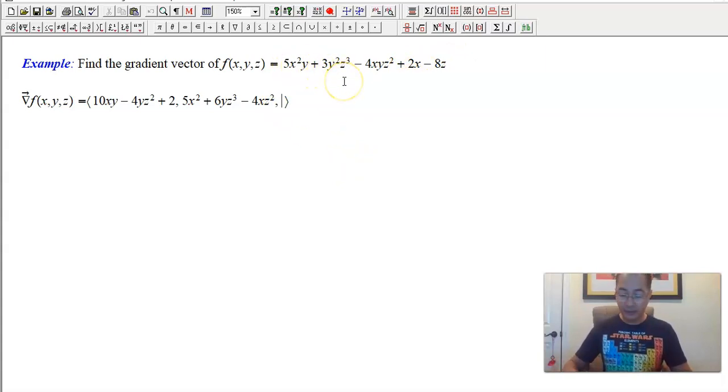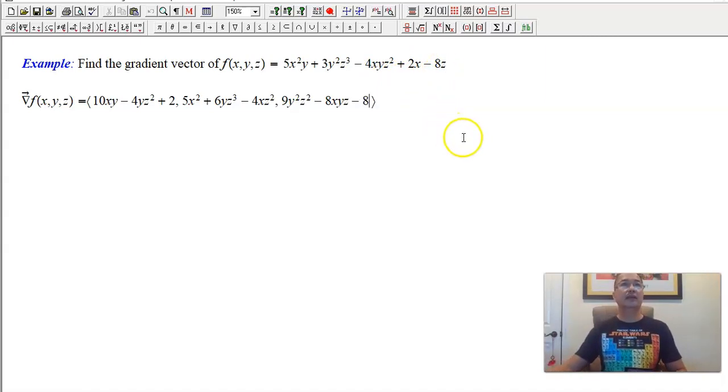For the second, we have 9y squared z squared. Okay, z, we get minus 8xyz. And we get one last term, minus 8 over there.